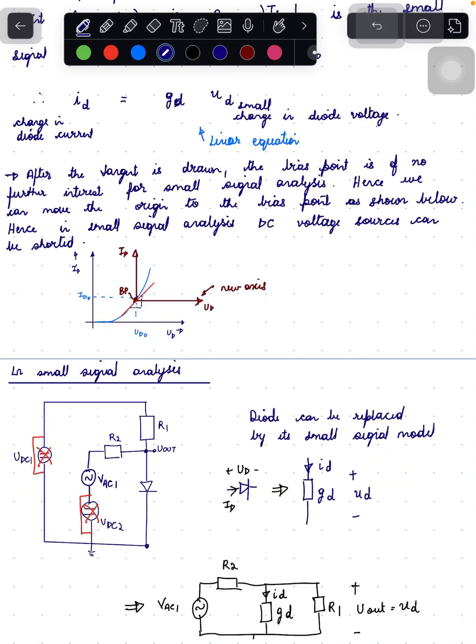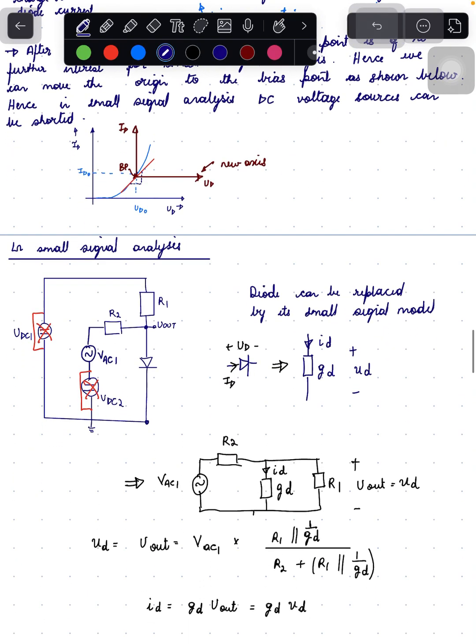Hence, in small signal analysis, short all the DC sources, that is UDC1 and UDC2. Keep the AC source, that is VAC1. Here VAC1 is assumed to be a small signal, that is its amplitude is very small.